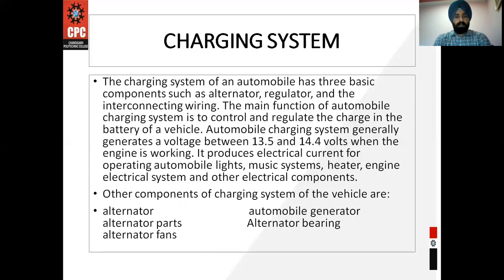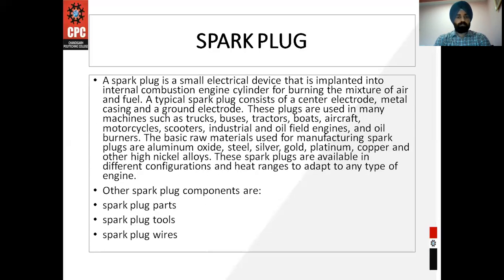It produces electrical current for operating automobile lights, music system, heater, engine, engine electrical system, and other electrical components. Other components of charging system of the vehicle are alternator parts, alternator fans, automobile generator, and alternator bearing.